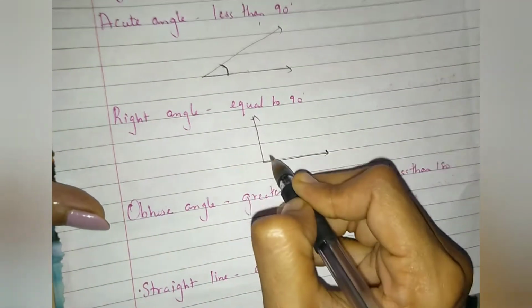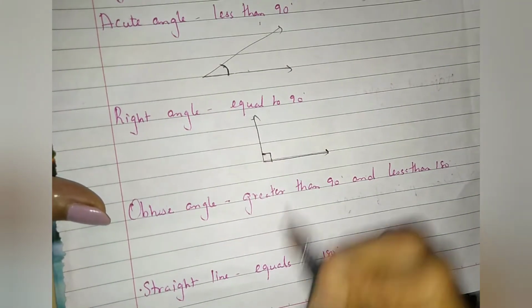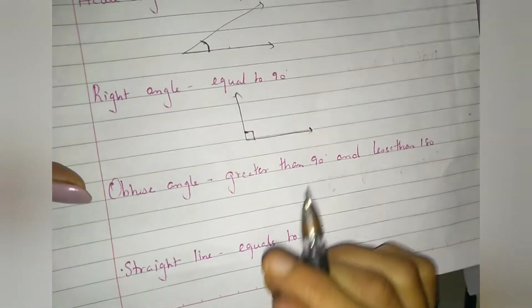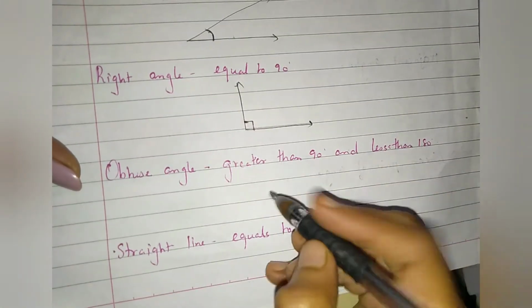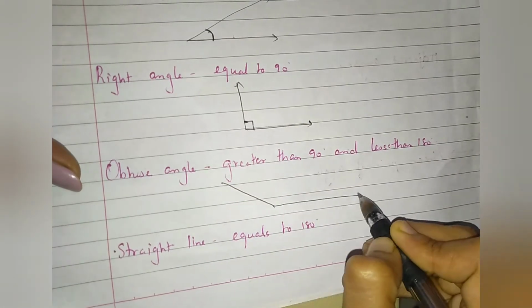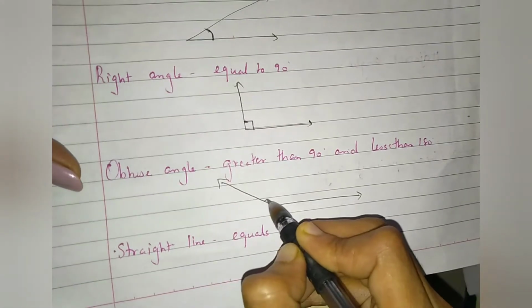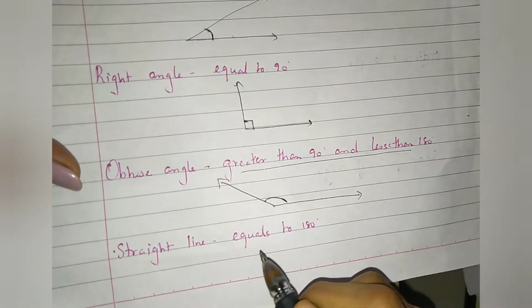It should be a straight line, right, like this way. So it is equal to 90 degrees. Obtuse angle, greater than 90 and less than 180. So this way, this is an obtuse angle.